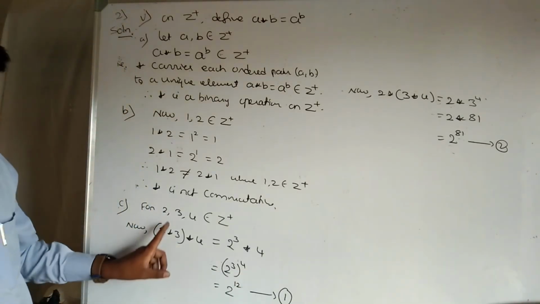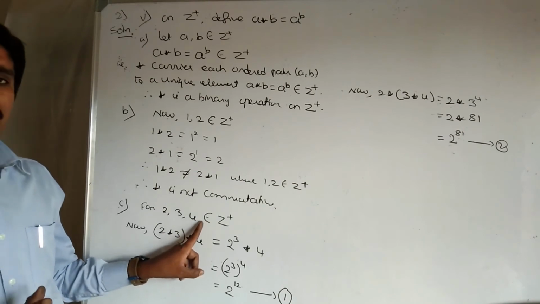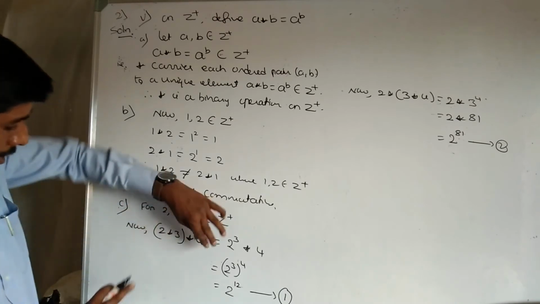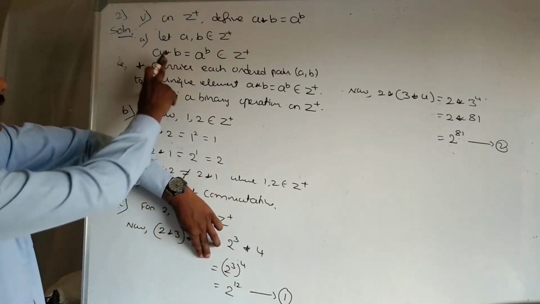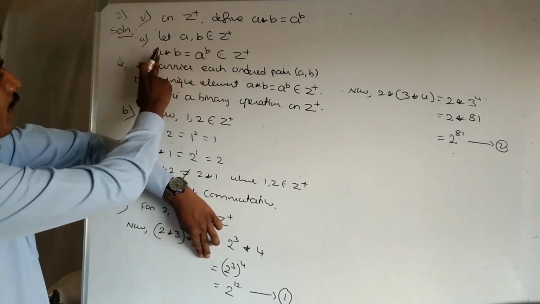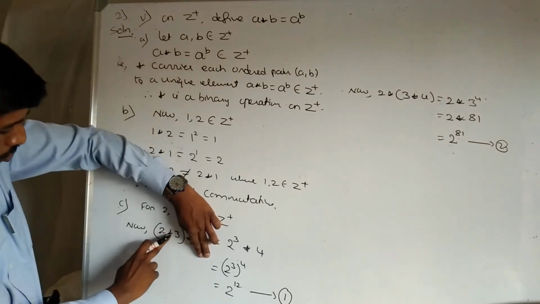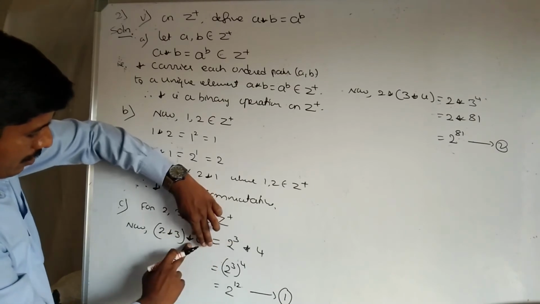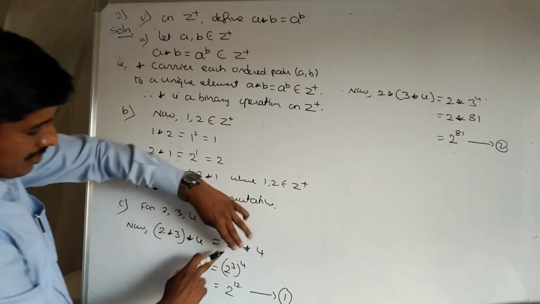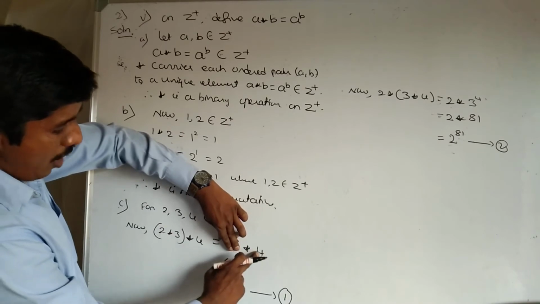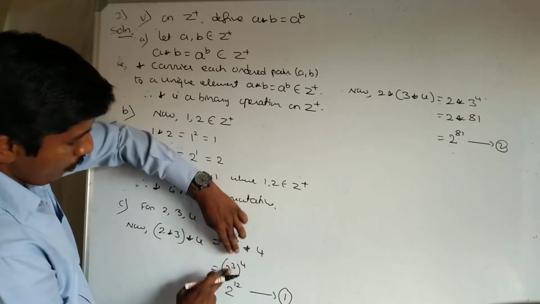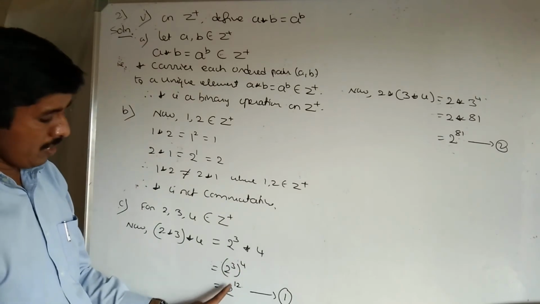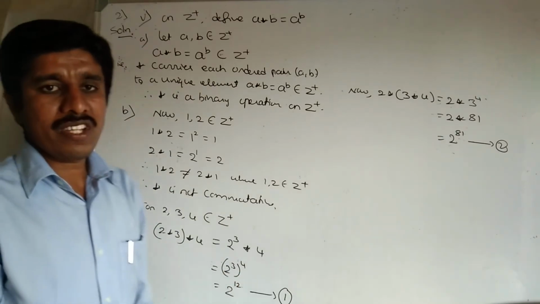Here we take three elements other than 1. (2 star 3) star 4: the binary operation is defined as A star B equals A power B, so 2 star 3 is 2 power 3, that is 2 cube, then star 4. Again consider it as A star B with A equal to 2 cube and B equal to 4, giving 2 cube power 4, which is 2 power 3 into 4, that is 2 power 12, called equation 1.